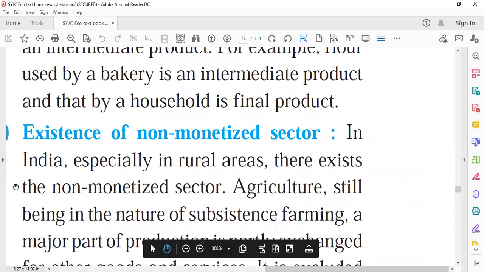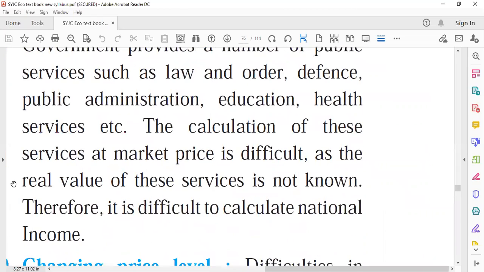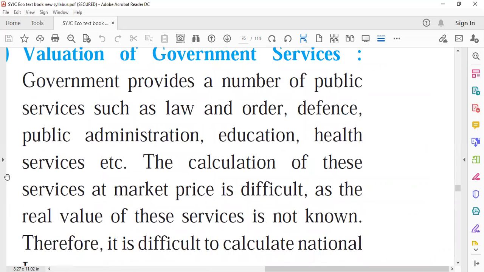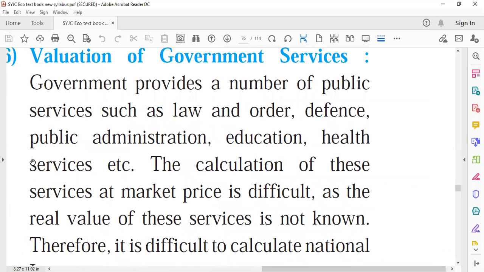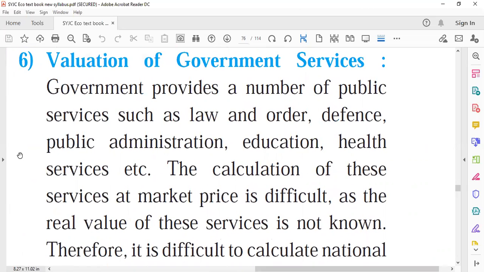Another difficulty that we face over here is the valuation of government services. Now, the government provides various kinds of services to the people, such as law and order, defense equipment, public administration, education, and health services.